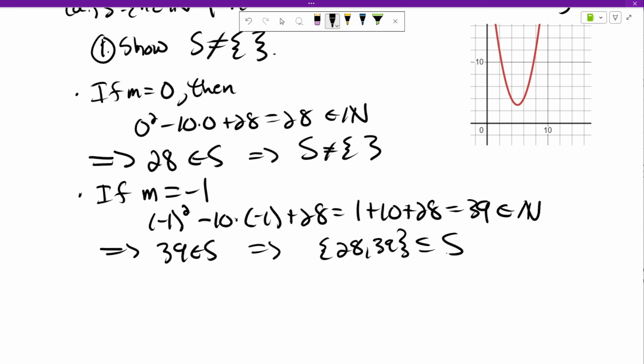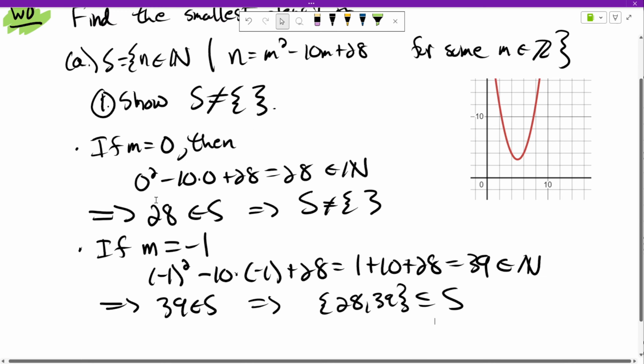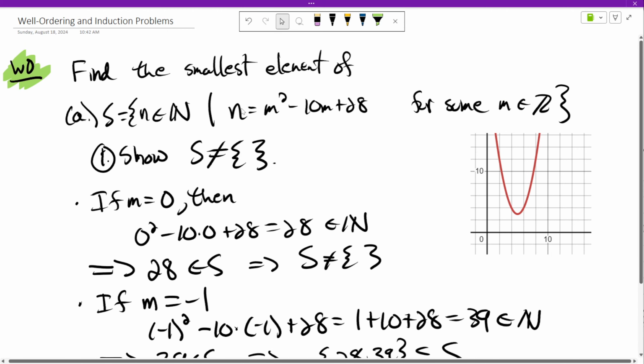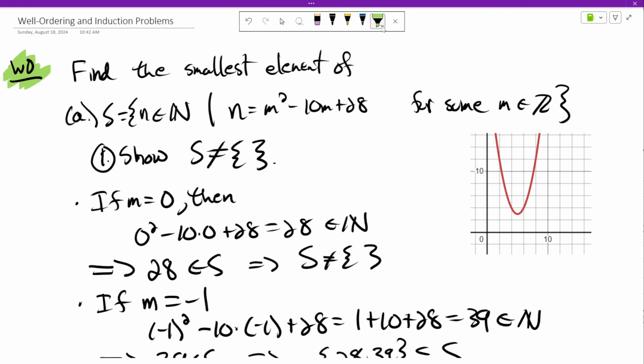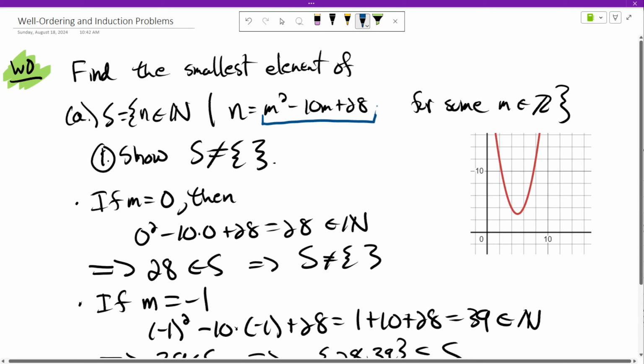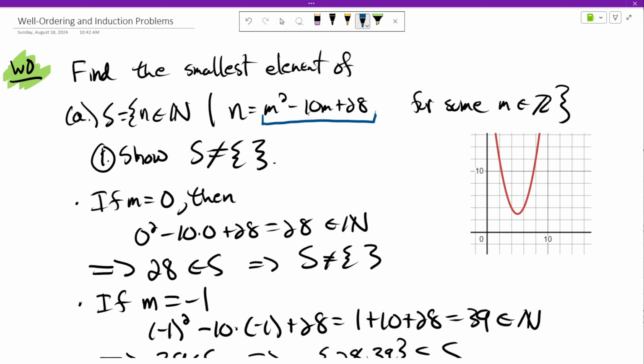Now, let's scroll back up here for a second. The expression that defines our natural numbers is actually a parabola. And that parabola opens up because the coefficient of m squared is positive.